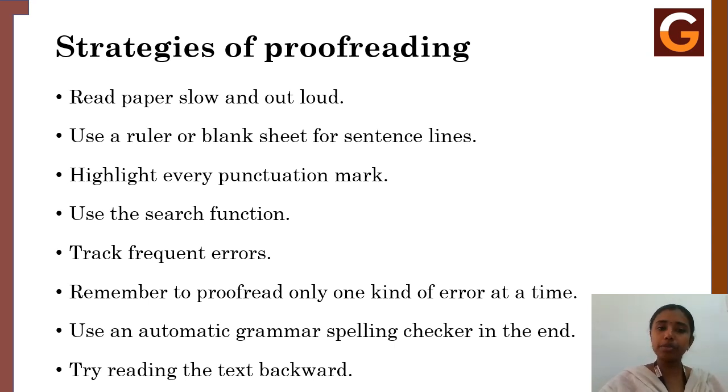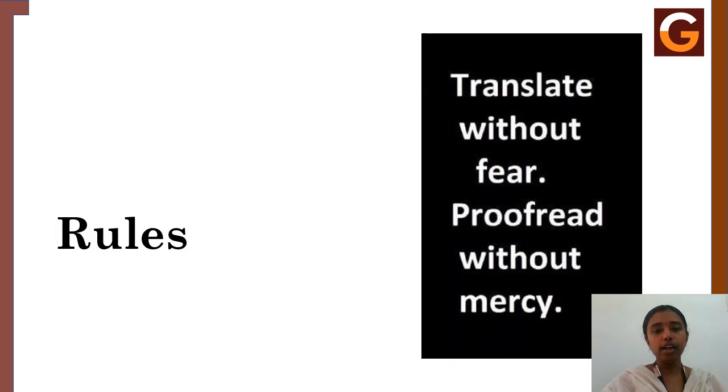It's not just spelling mistakes, even the grammatical mistakes. So you should try at least. Suppose it's a voluminous work that you are going to proofread, it is not possible to sit and read the entire work backwards, but still remember this step, which is going to serve when you are editing a smaller text. And moving on to the next one, rules.